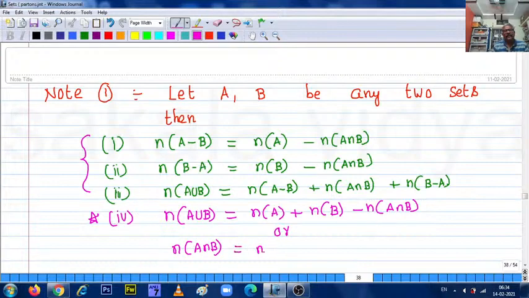So what do we get? n of A plus n of B minus n of A union B. So please remember these important points. It will be useful for different entrance examinations also.